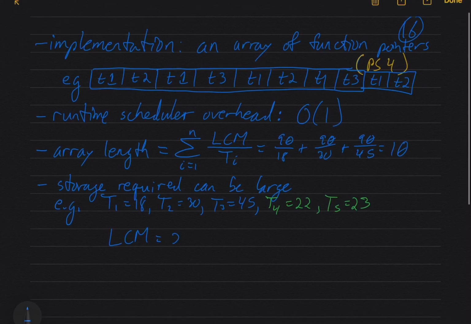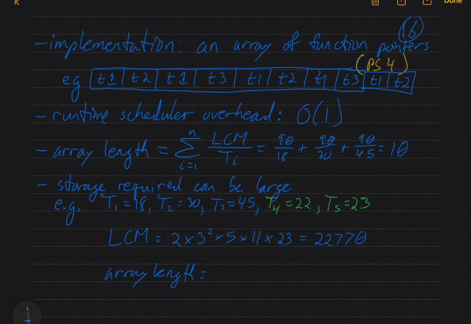So we're going to have 2 times 3 squared times 5 times 11 times 23 equals 22,770. So the schedule length is now a lot bigger, and the array length needed to store the schedule is, I'm not going to write it all out, but it is 4555, so it's a lot bigger than 10.